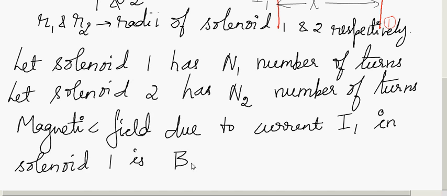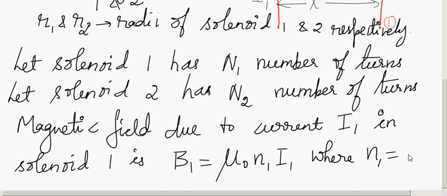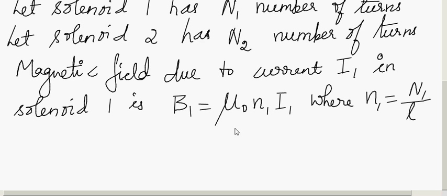What is the formula? B1 is mu naught into small n1 into I1. Where small n1 is capital N1 by L, that is number of turns per unit length. This is by basic formula, and this formula we have derived already in the previous chapter.